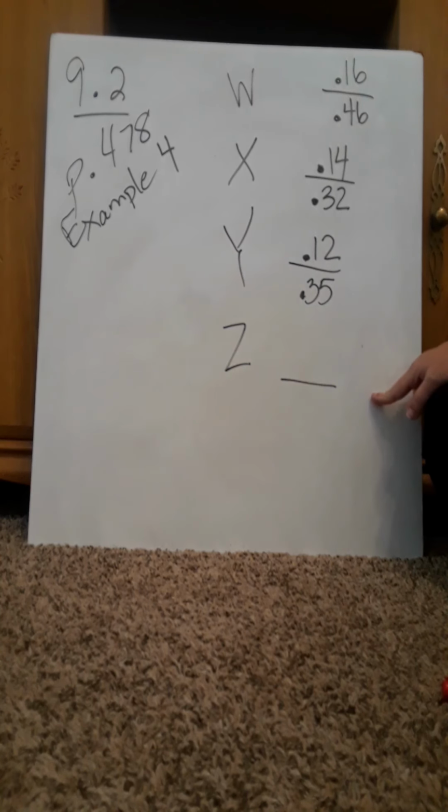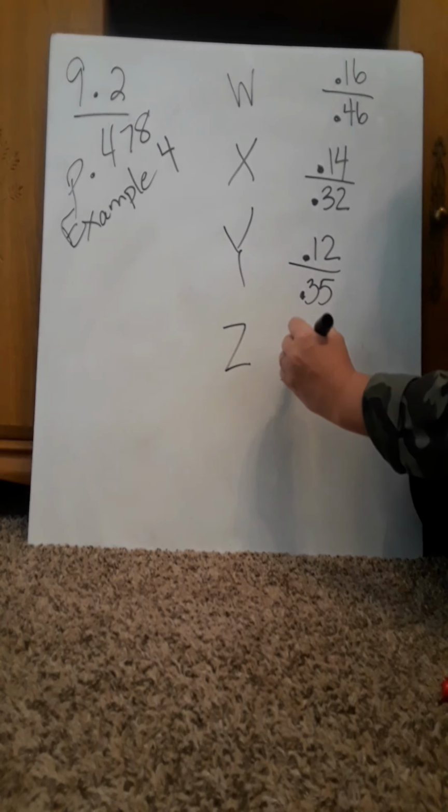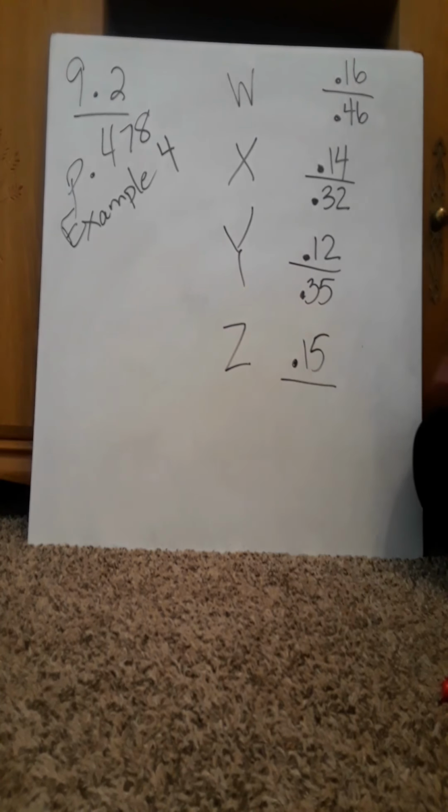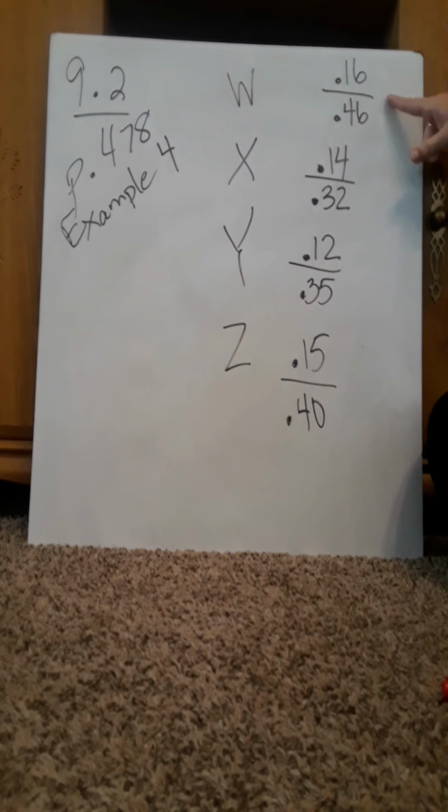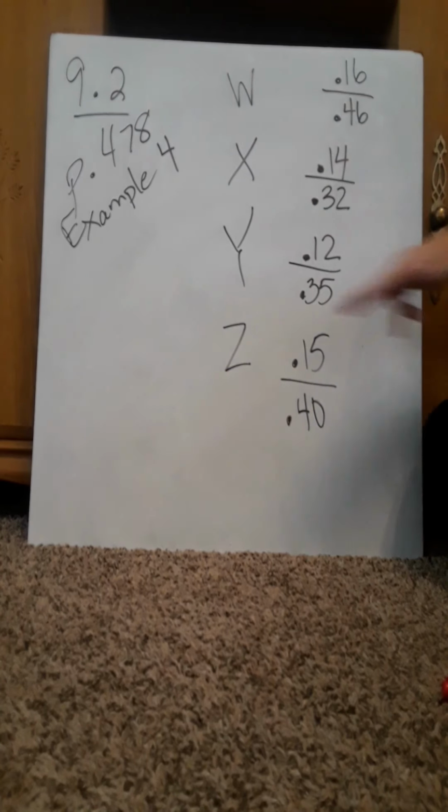Product Z, do the same thing. The probability that they bought product Z, given that they searched it, is 15% or 0.15, out of the probability that they searched it, which is 40% or 0.40. So this is how you would set up the conditional probabilities for each of these four products.